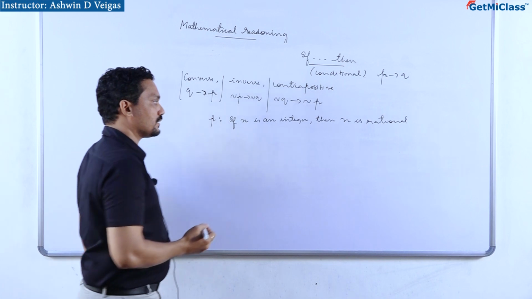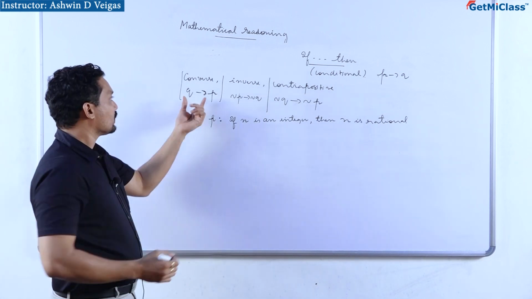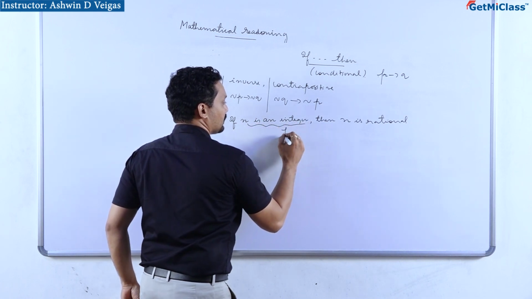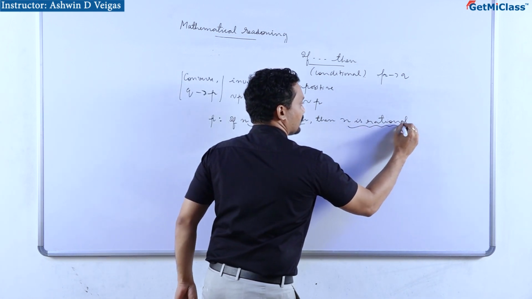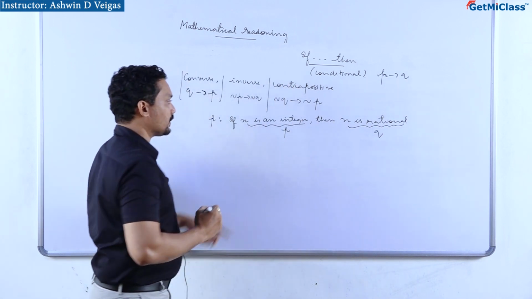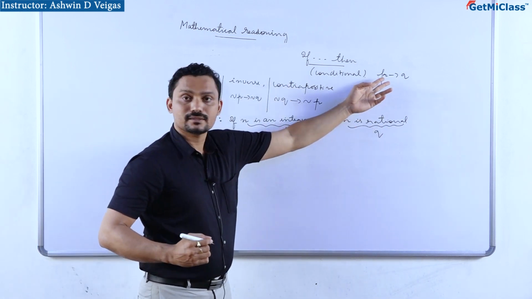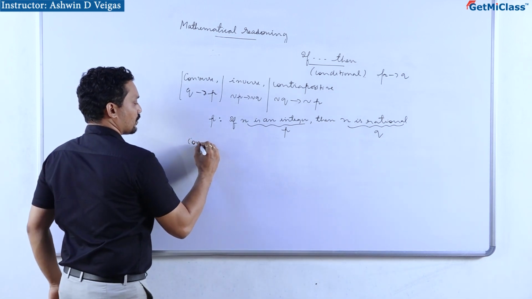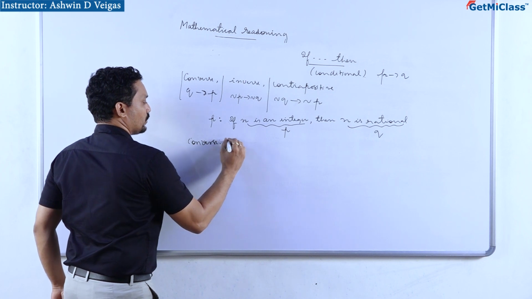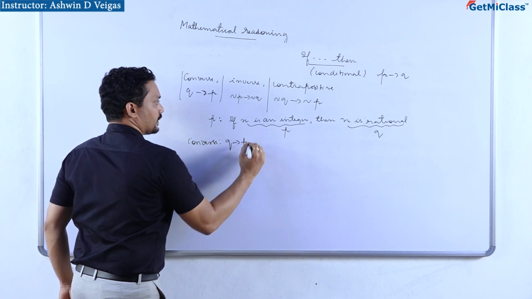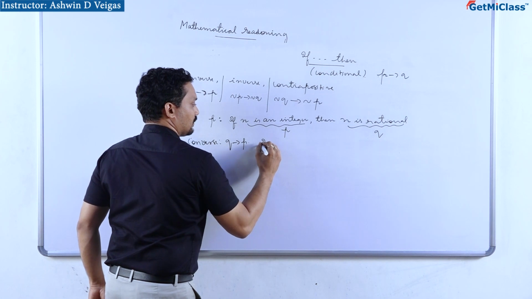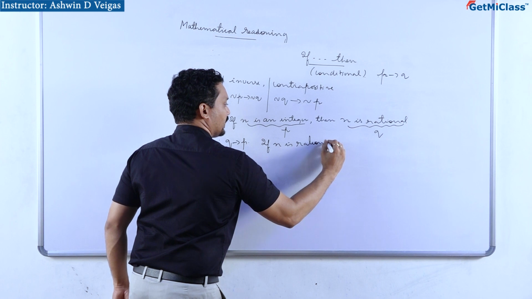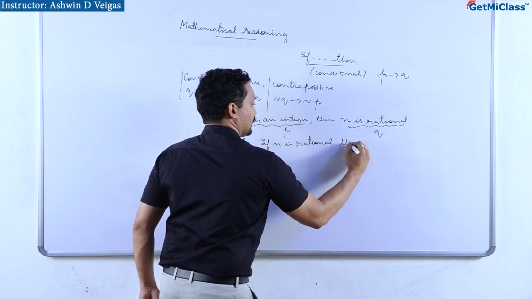Now, if you want to write the converse, here n is an integer is P, n is rational is Q. So, the statement is P then Q. Now, the converse is nothing but Q then P. That is, if n is rational, then n is an integer.